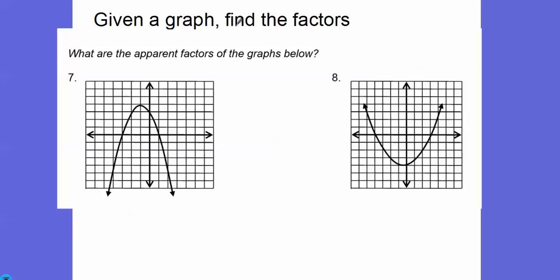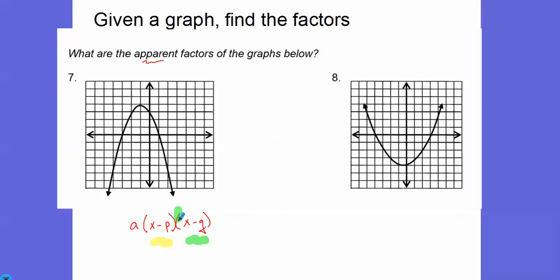Given the graph, find the factors. What are the apparent factors of the graphs below? The easiest thing that this is asking us to do, if we were to write the a, x minus p, x minus q form, is that these parts are the factors.